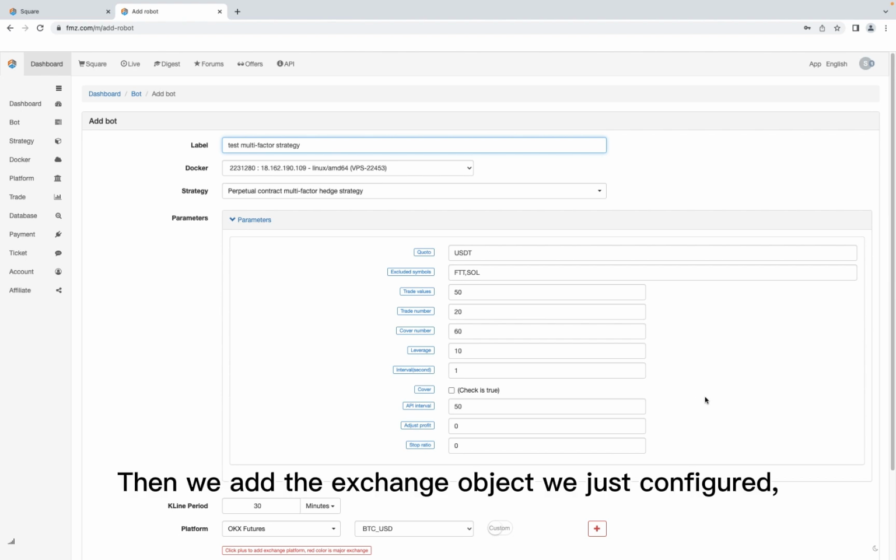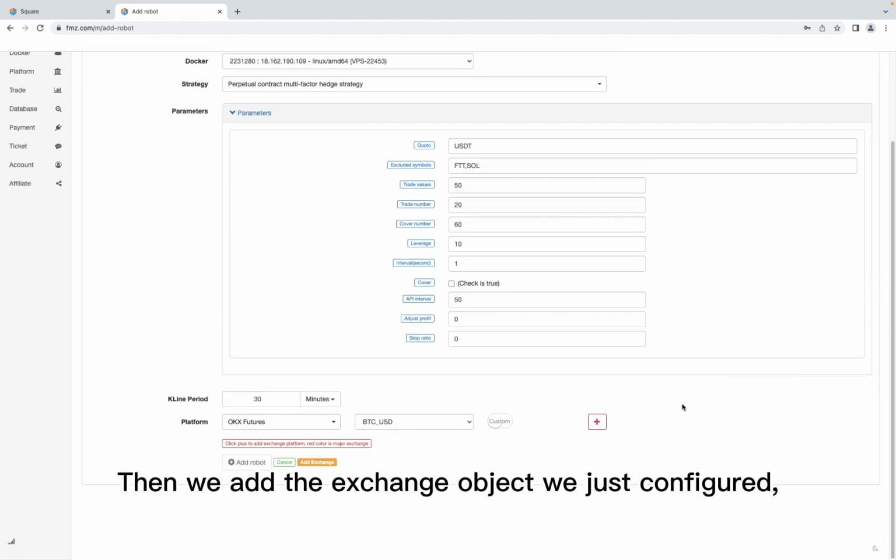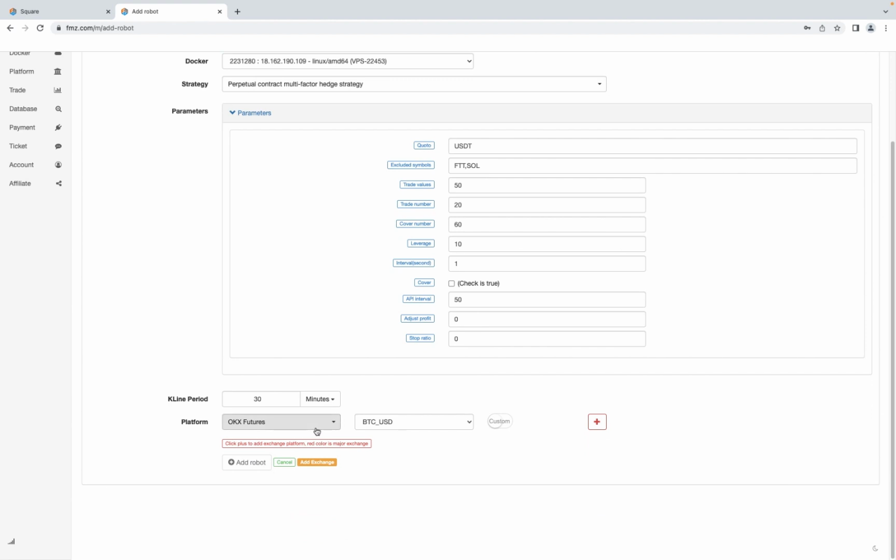Then we add the exchange object we just configured. That is the account OKX Futures here. Click Add. And then we can click Create.